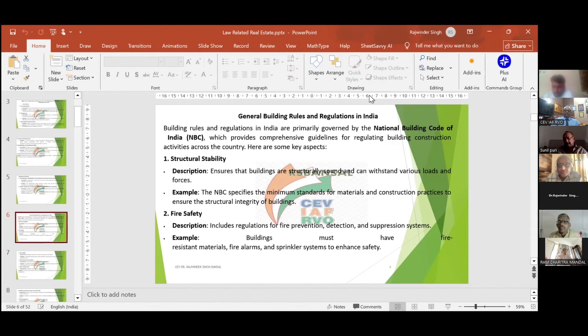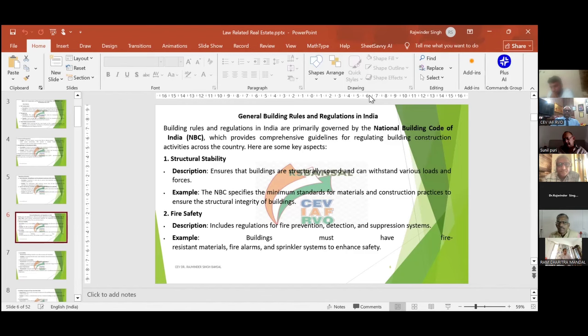It is related to structural stability, fire safety, and other components of buildings, and it also gives details about the method of getting your proposed plan approved from the competent authority.